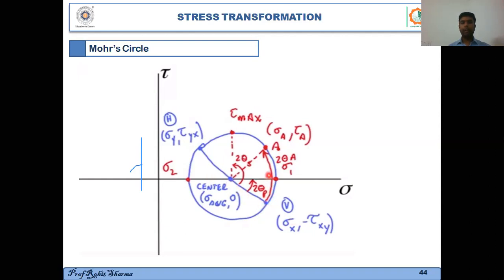So I'll reach point A, and then I can directly read the value of the normal stress and the shear stress on that plane AA. For example, the normal stress on that plane is sigma A, and the shear stress is tau A.